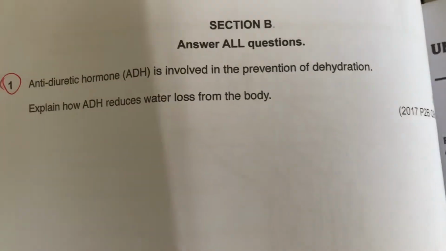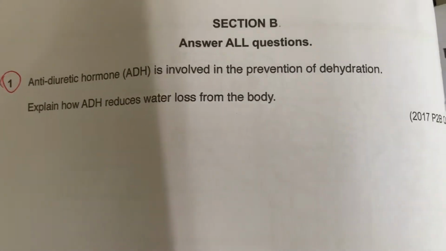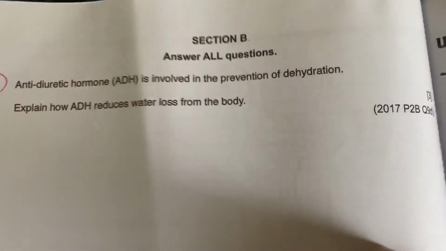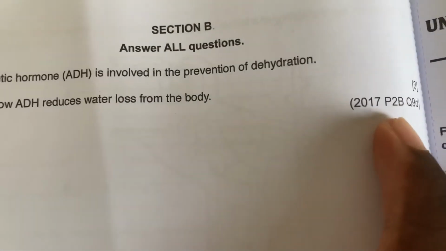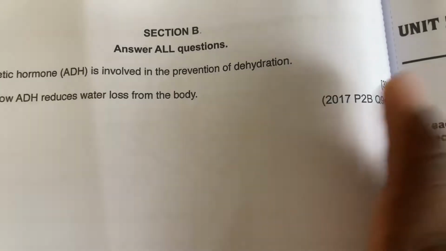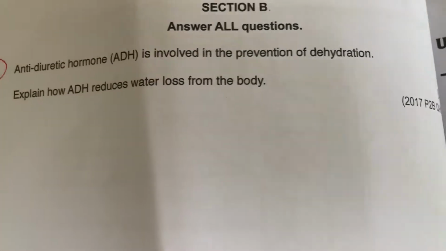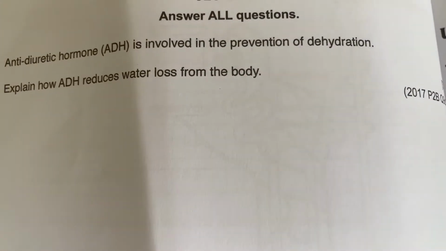So what I want you to do is mark every question that seems even remotely similar, and then compare the answers. So this is 2017 paper 2 section B, question 9D. Again, you can see from 2014 to 2017 there's a 3-year gap. So chances are some of these questions that you may have marked may come out again for the 2021 paper.